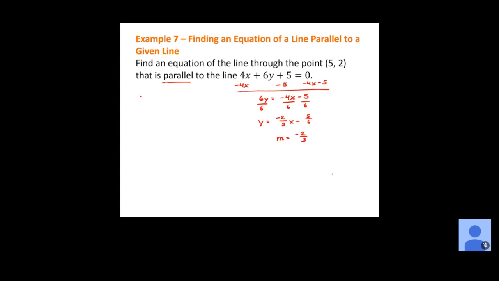Point-slope formula. Good. So I'm going to do y - y1 = m(x - x1). This is going to be our (x1, y1), and we have our m, our slope, down here. Now we can just substitute everything in. What's that going to look like if we plug everything into that formula?